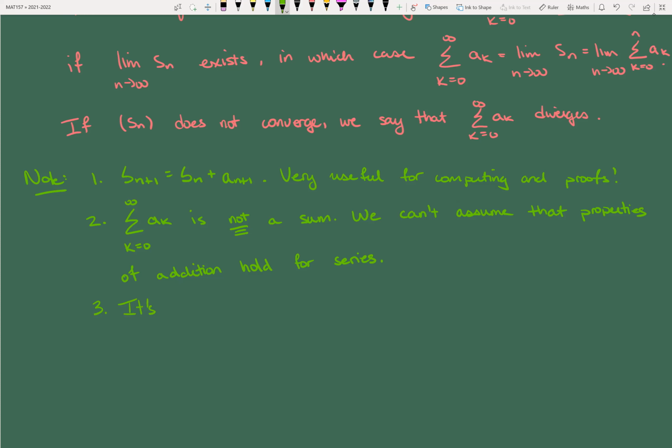So it's almost always impossible to find a closed form expression for the partial sums.